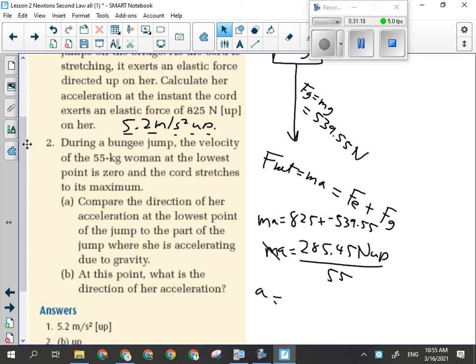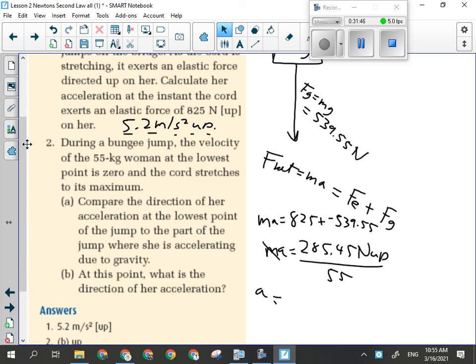They fall, the cord stretches, and then shoots them back up in the air. And you actually get to oscillate for a little while before they lower you to the ground or pull you back up, whichever they do. So compare the direction of her acceleration at the lowest point of the jump to the part of the jump where she is accelerating due to gravity. At the lowest point of her jump, where the cord is stretched the most, which way is she accelerating?